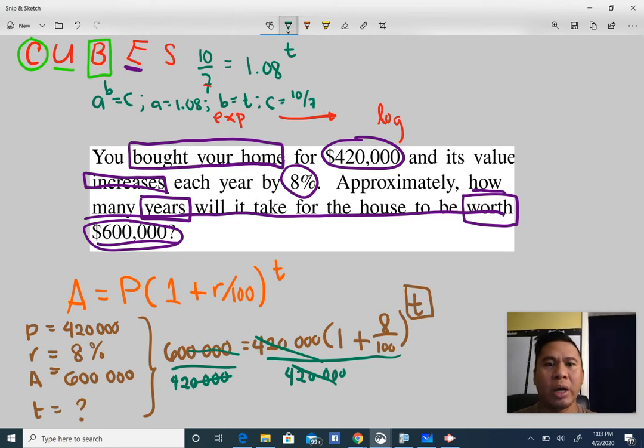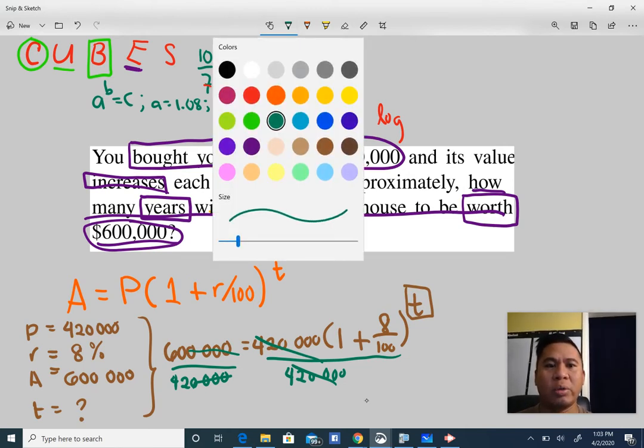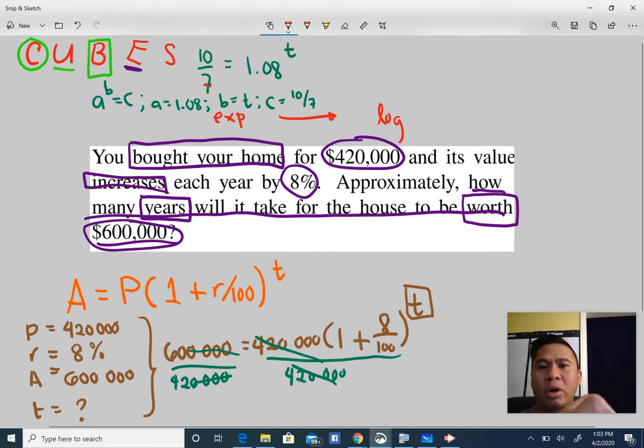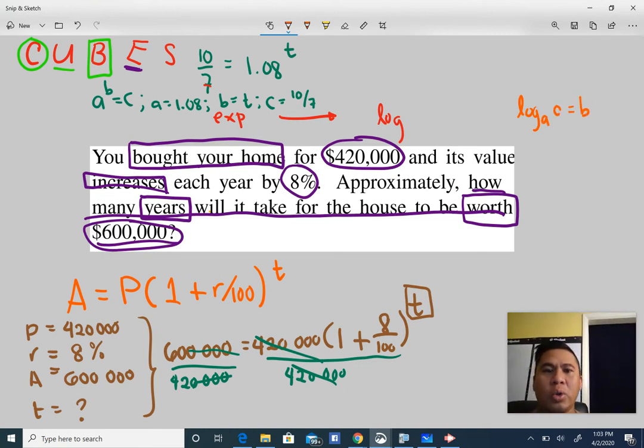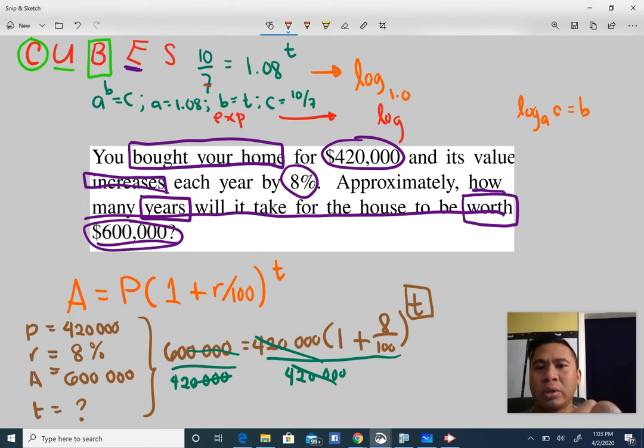Now, how do we write this in its logarithmic form? It should be of the form, once again, logarithm base a of c is equal to b. So this can now be written as follows: logarithm base a, in this case 1.08, of c, my c is 10 over 7.